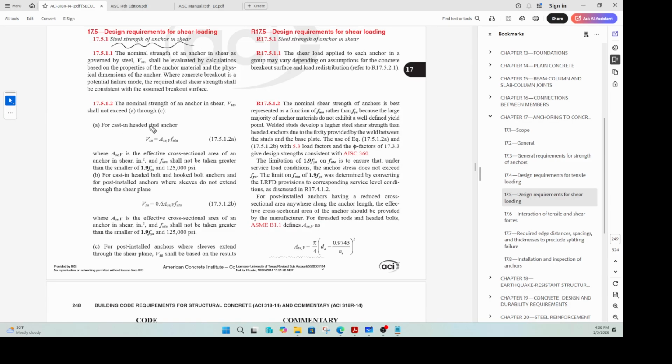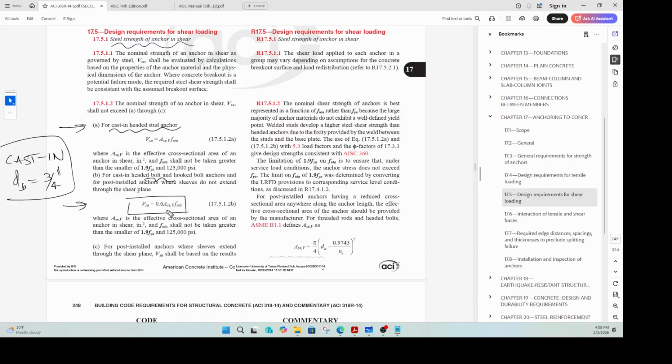This is for a single cast-in headed stud anchor, right? Ours is a cast-in headed bolt, because remember in the problem statement you have the diameter of the bolt as 3/4 inches. So ours is a cast-in headed bolt, and we'll be looking at this particular equation here.